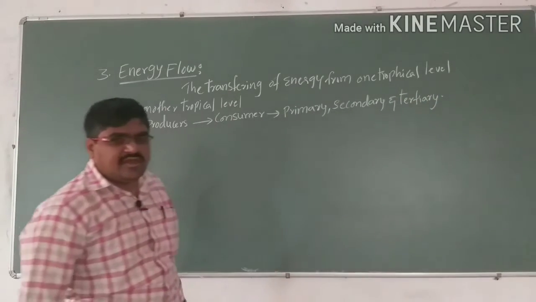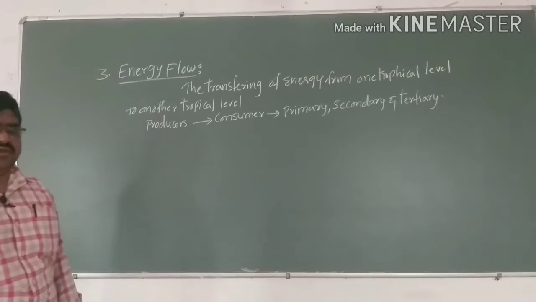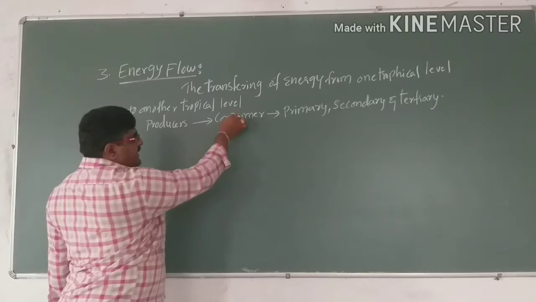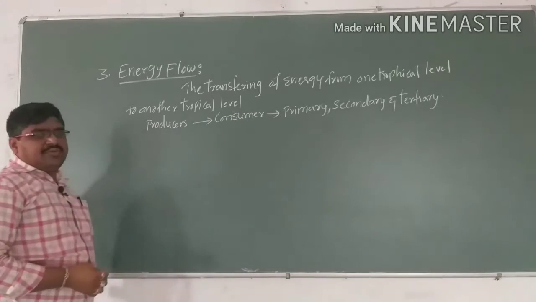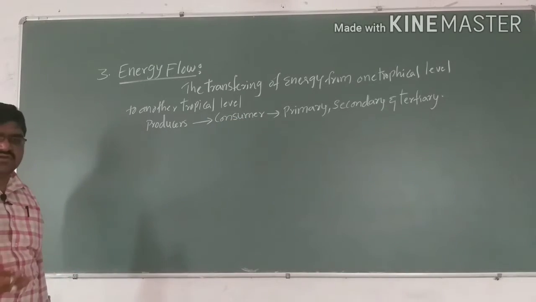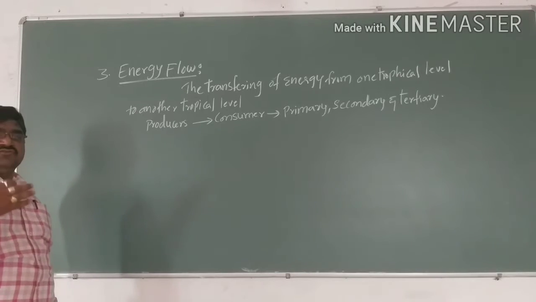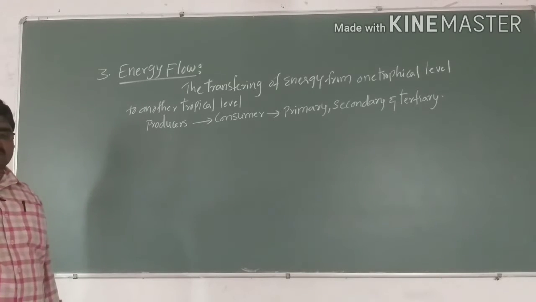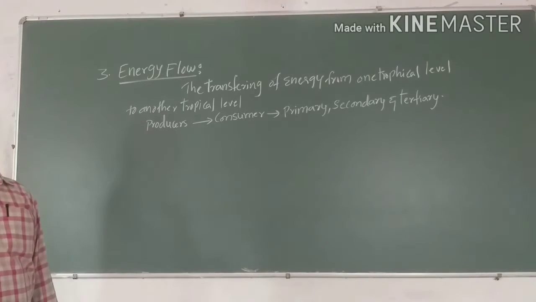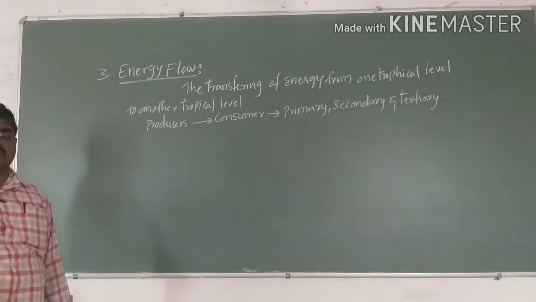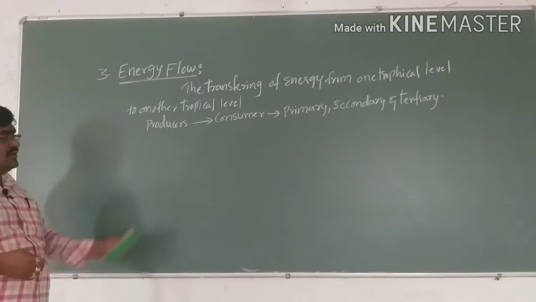In the trophic levels, the producers occupy the base, and the tertiary consumers are present at the apex, at the top.